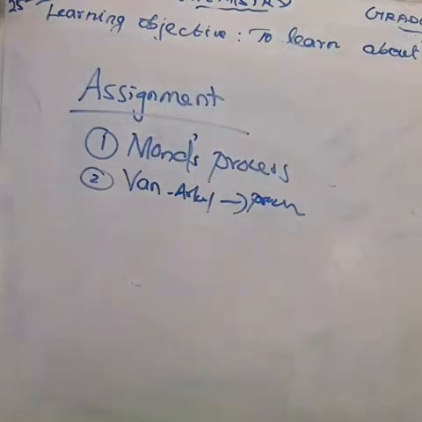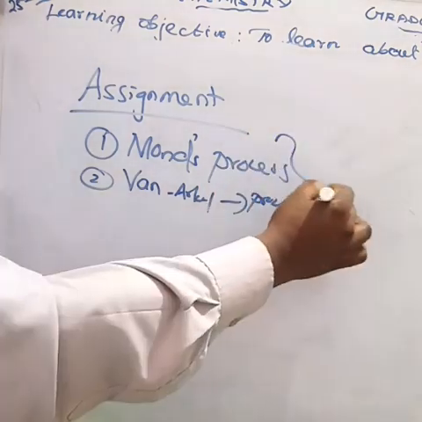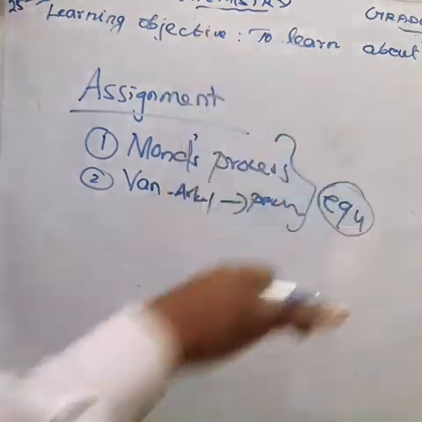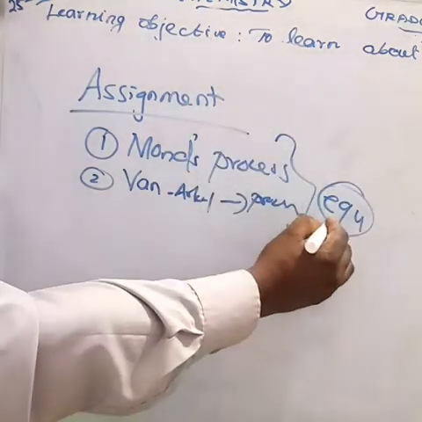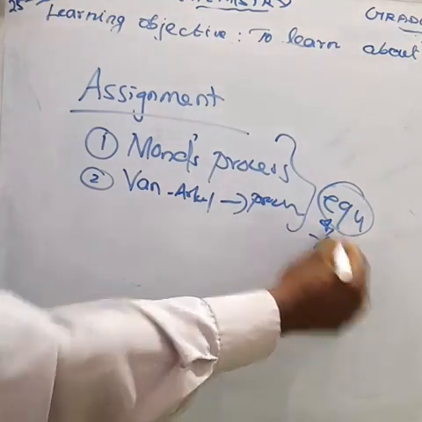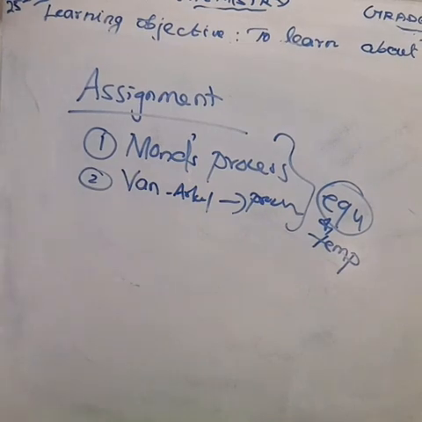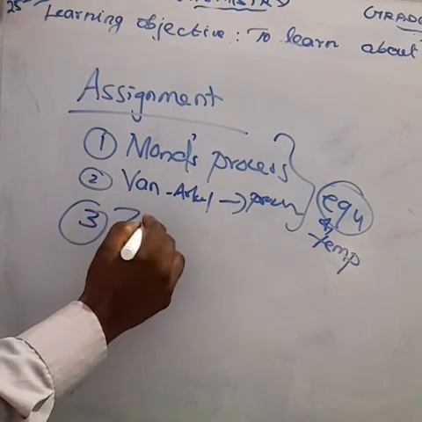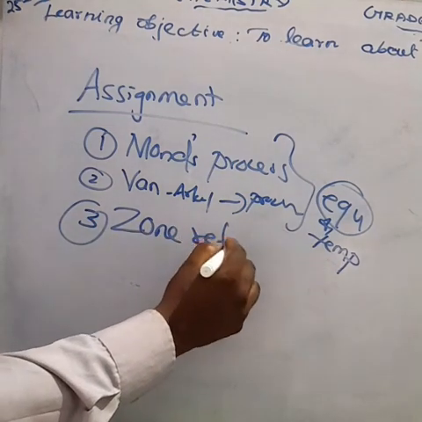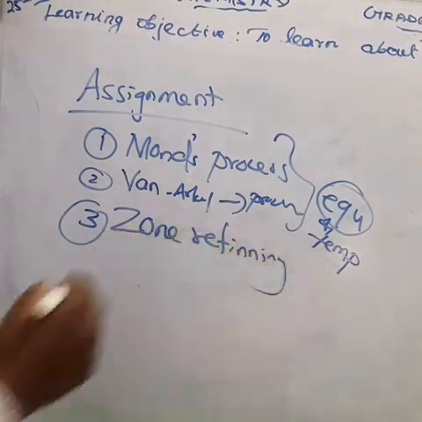Only the equation part. Try to learn, and you must know the temperature thoroughly. So the first assignment is the Mond process, the second is the Van Arkel method, and the third is zone refining, one of the 3-mark questions. Try to learn the three questions and send them to me.